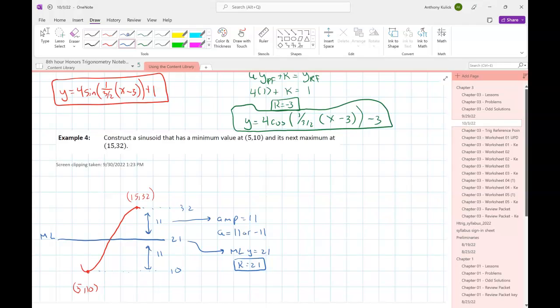Okay. Now I like doing this visually. How would you do this algebraically? You could say k is the midpoint between the y max and the y min. And the amplitude then is going to be half the distance between the y max and y min.